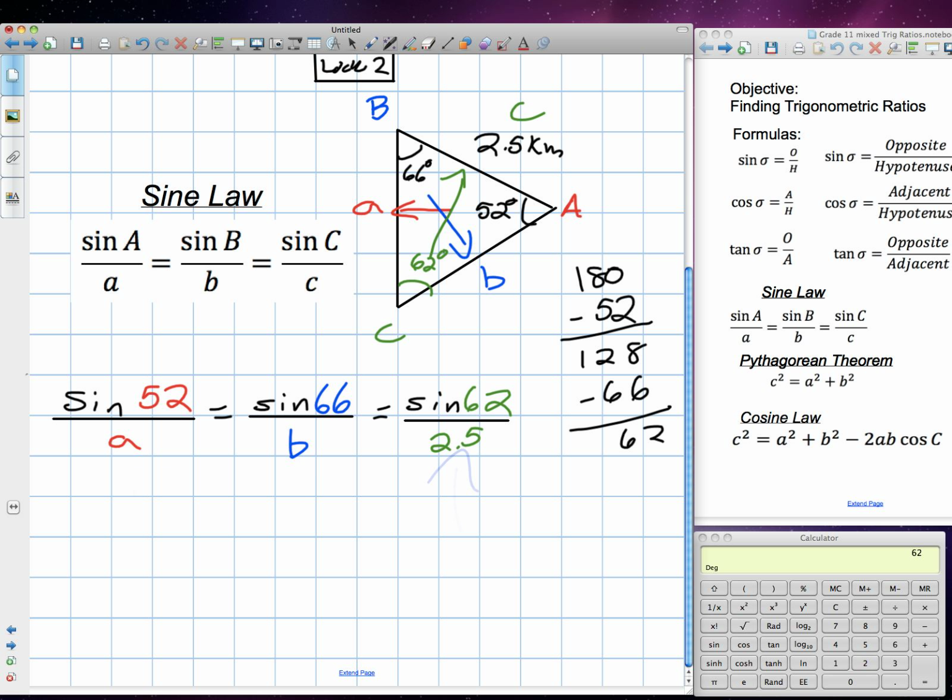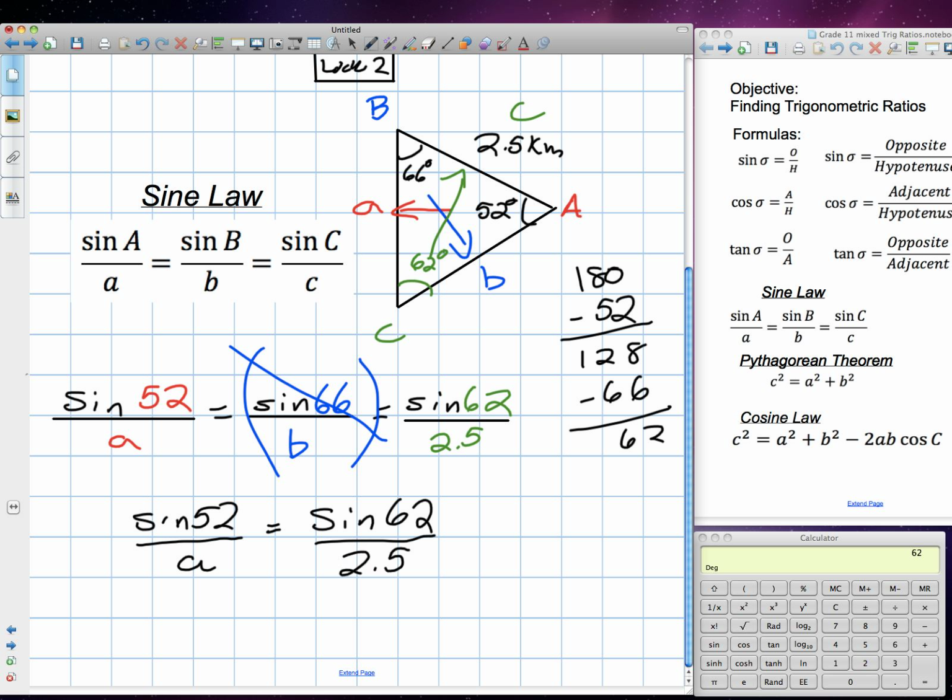So if I'm going to solve for side A, that means I'm going to drop this middle ratio out. I don't need it anymore. I'm just going to work with A and C. So we're dropping this off. And I now have sine 52 divided by side A is equal to sine 62 divided by 2.5.